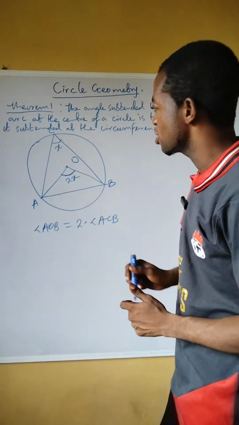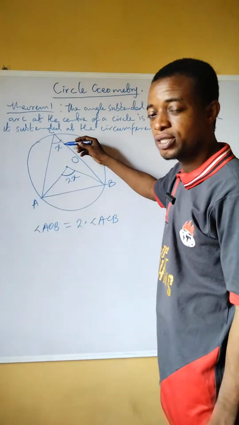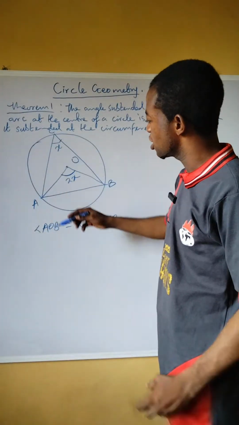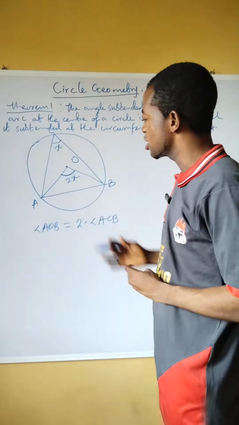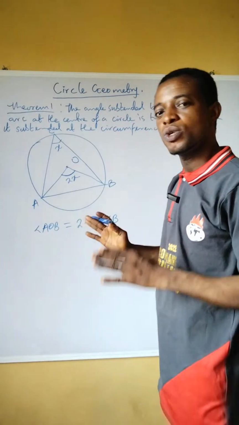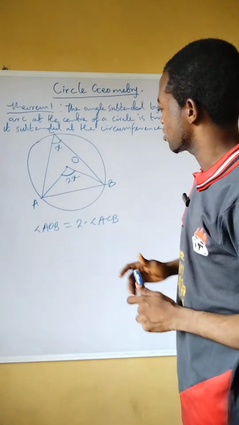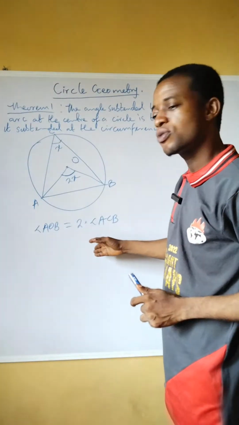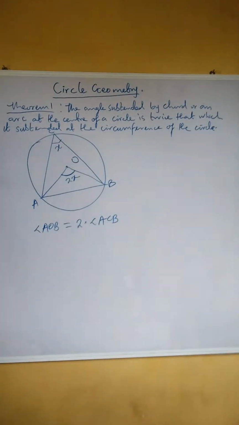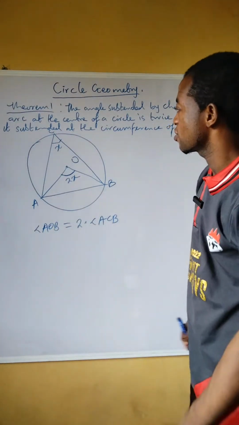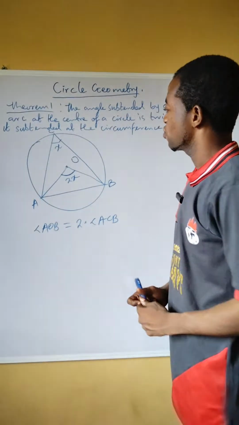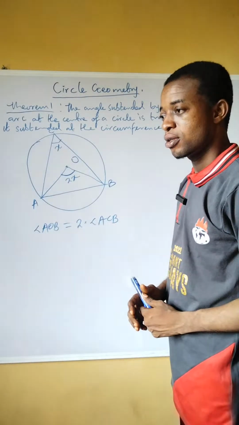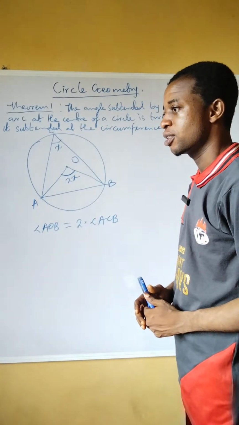For instance, if the angle here is 30 degrees, the angle at the center will be 2 times 30, which is 60 degrees. So that's the first theorem, which is very important as far as circle theorems are concerned. To have a better understanding of how this is proved, you can look at the last class in our live class.